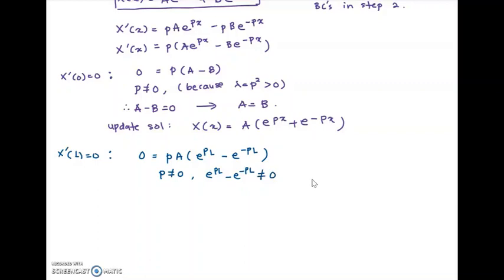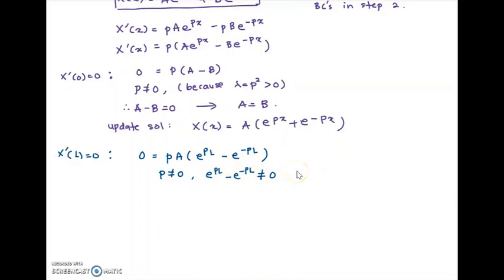Because these terms will only be 0 if P equals 0. Since P is not 0, it automatically means that this whole thing is also not equal to 0.